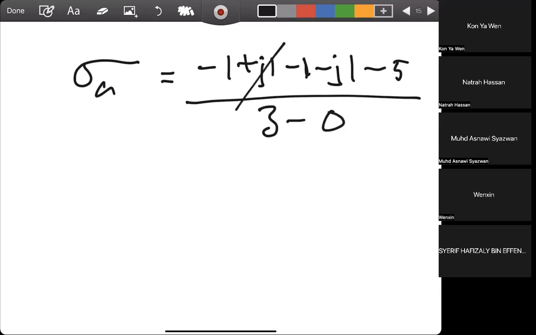So you get sigma A, the asymptote intersection on the real axis, at -7/3.